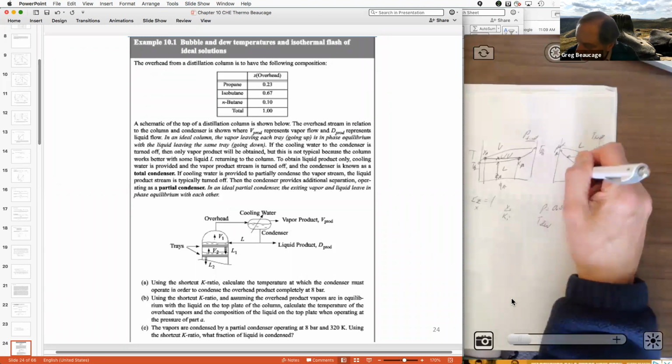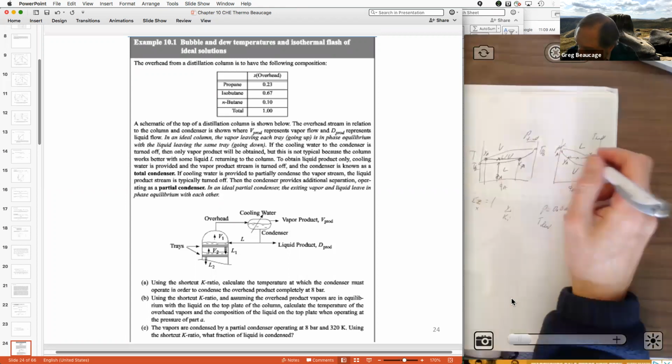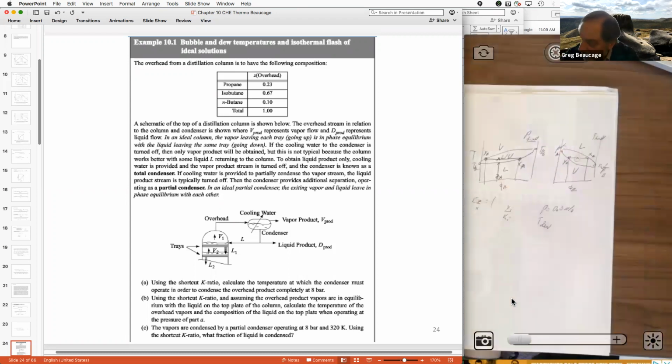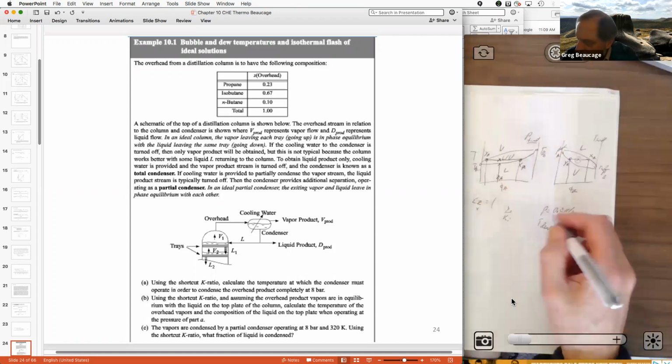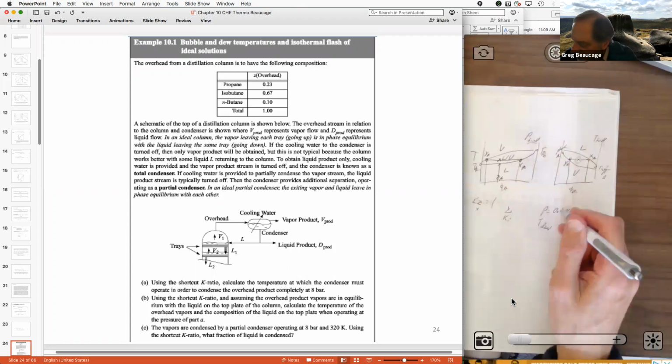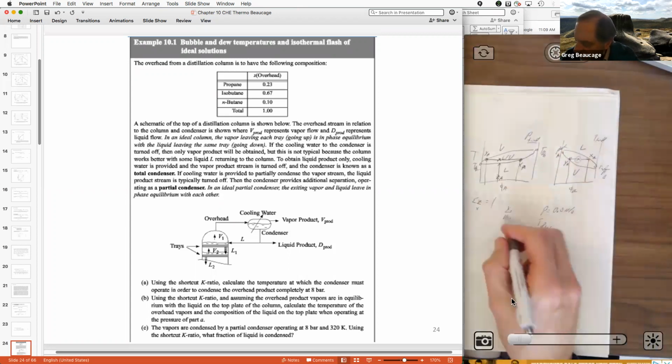They flip here, so that's X over here, and this is Y here. We're going to make those two from this composition in the middle. If you want to find the dew temperature, you're going to find the sum of X is 1, so it'd be Yi over Ki.